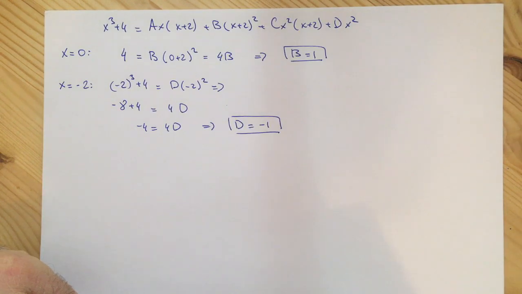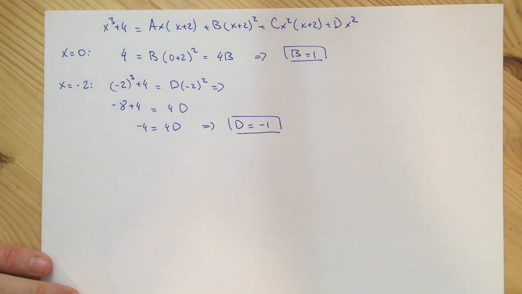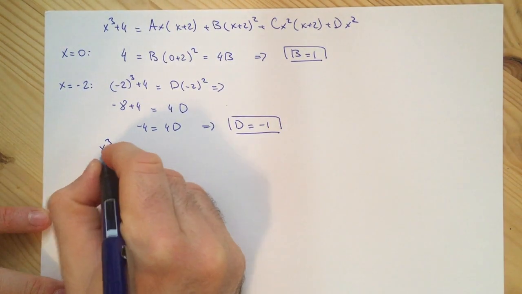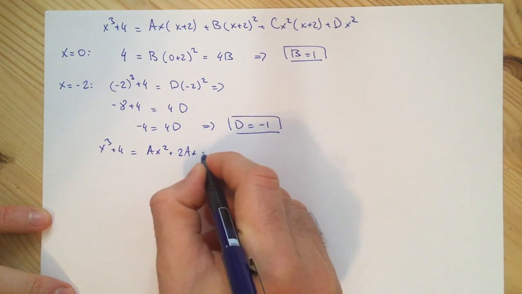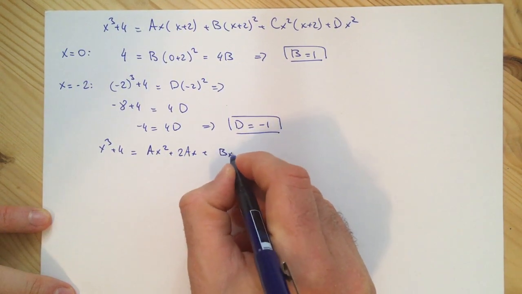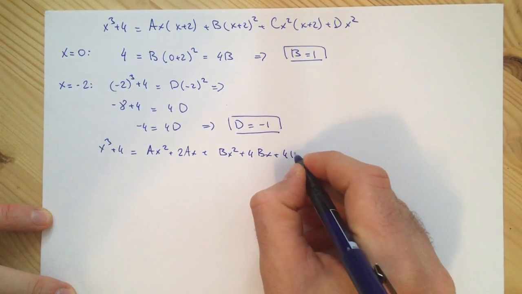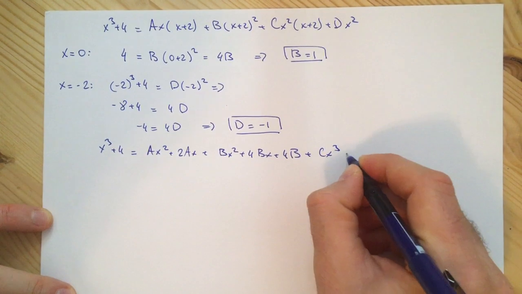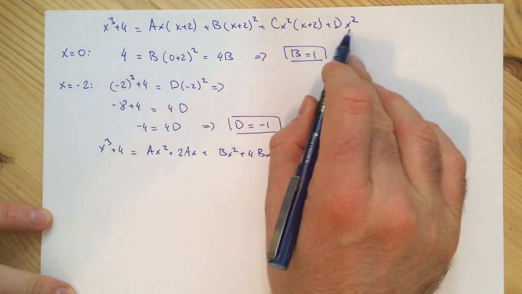So at this point, we can think of the coefficients of x cubed, okay? Why x cubed? Because it's very easy to check what terms are actually going to be multiplied by x cubed, right? So I have x cubed plus 4 is equal to ax squared plus 2ax plus bx squared plus 4bx plus 4b plus cx cubed plus 2cx squared plus dx squared, if you expand this part right here.